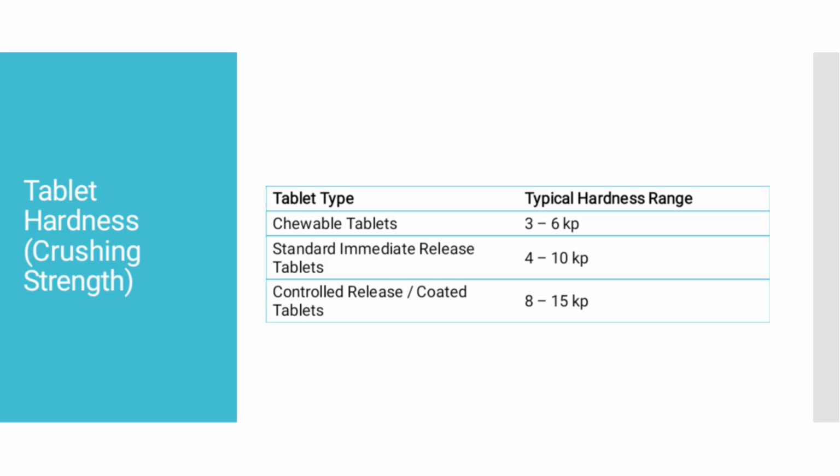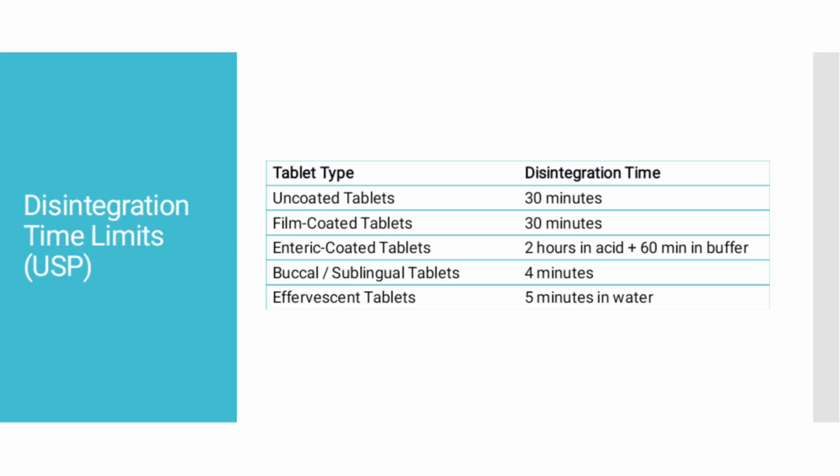Okay, then moving to next slide, that is disintegration time limits as per USP. So students, disintegration time checks how fast a tablet breaks down into smaller particles or smaller pieces, right? So according to USP, uncoated tablet has 30 minutes, film coated tablets 30 minutes, then enteric coated tablet must resist disintegration for 2 hours in acidic medium, then disintegrate within 60 minutes in buffer.